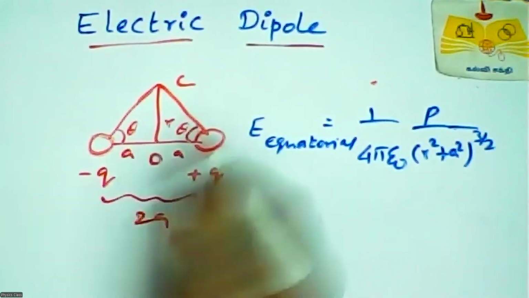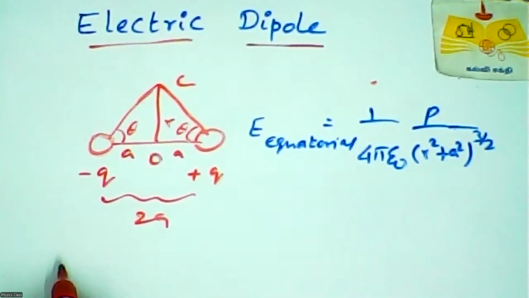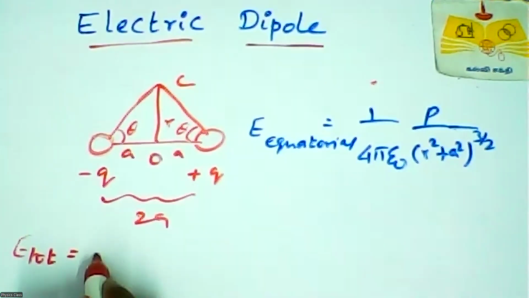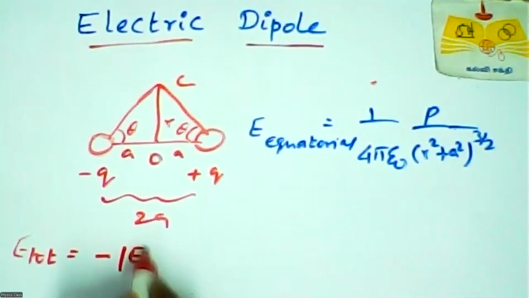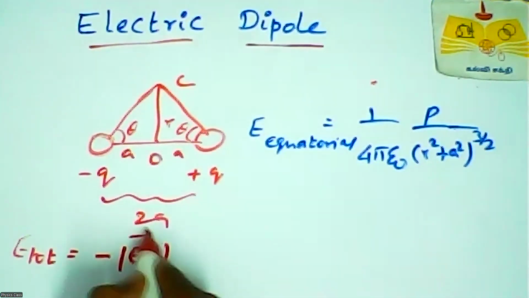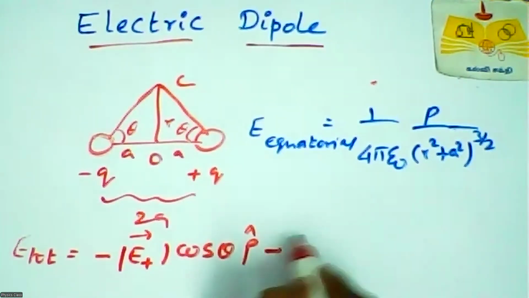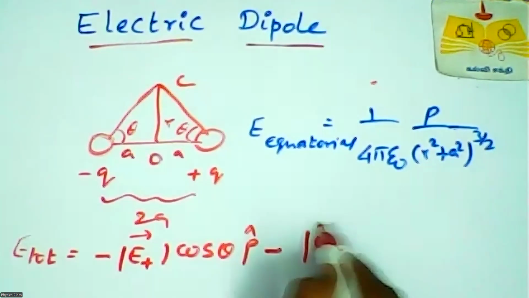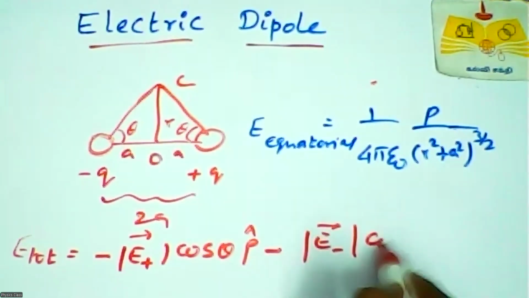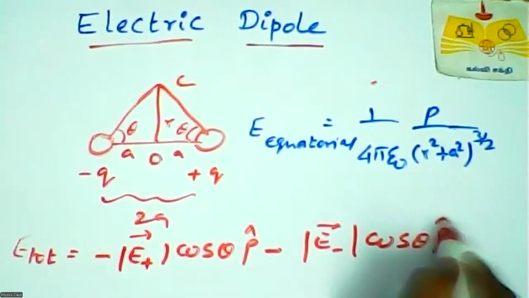Yes, that's why it becomes like, for example, E total gives E plus cos theta P cap minus E minus cos theta P cap.